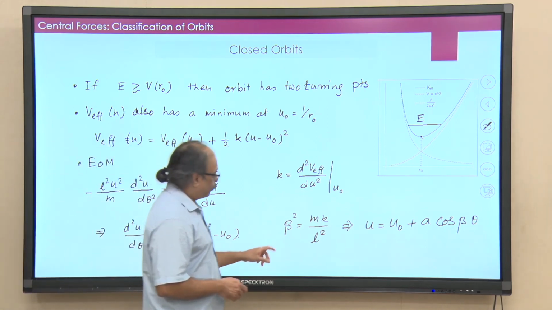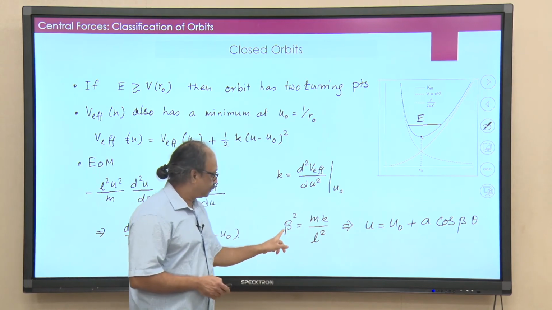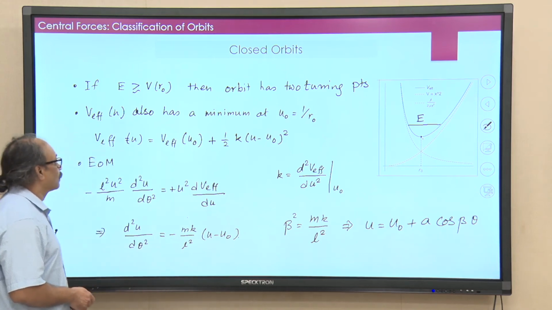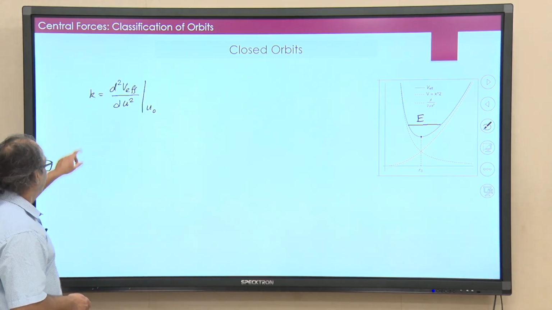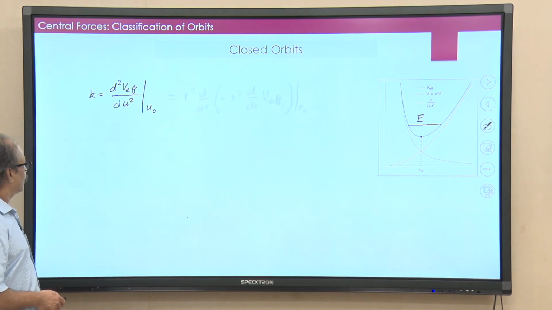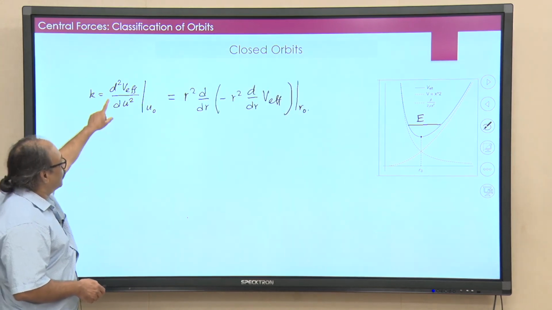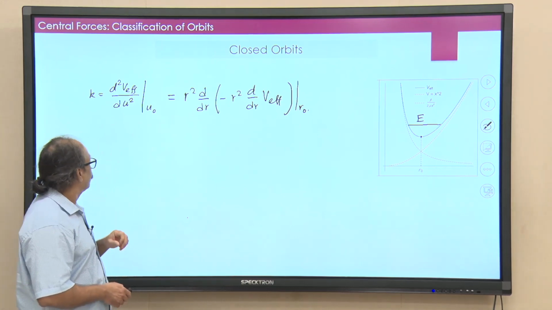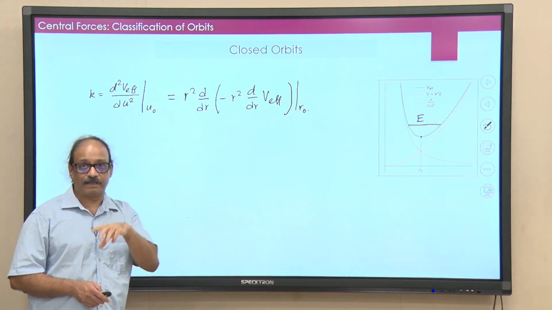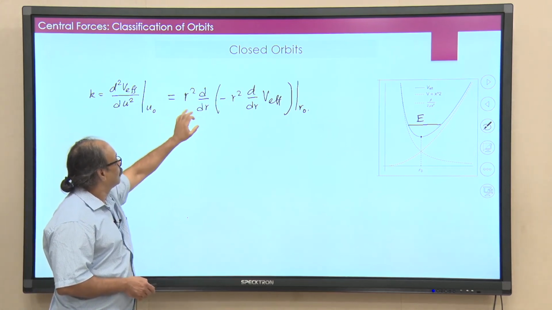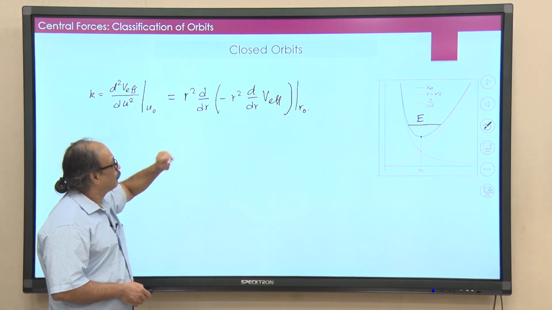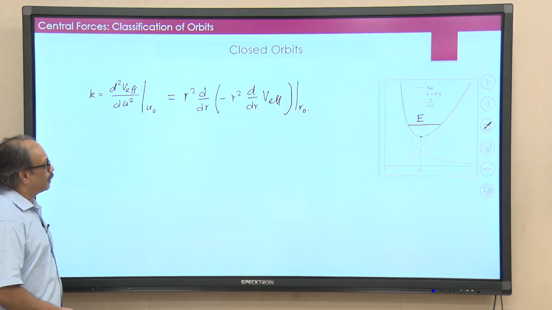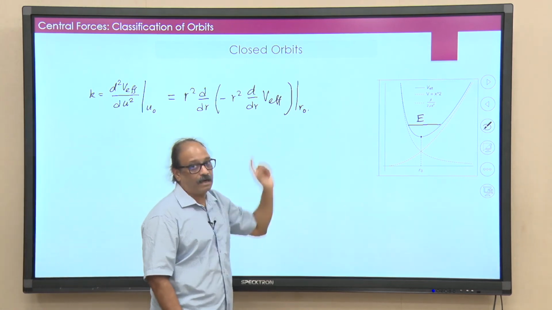Now, what would this beta be? We can actually calculate the value of this beta from the force law. So I will do that here. Let us start by taking the second derivative, and remember d by du, where u is 1 over r. So d by du is minus 1 over r square times d by dr. So you can write that as r square times d by dr with a minus sign, and this of course should be evaluated at r naught.